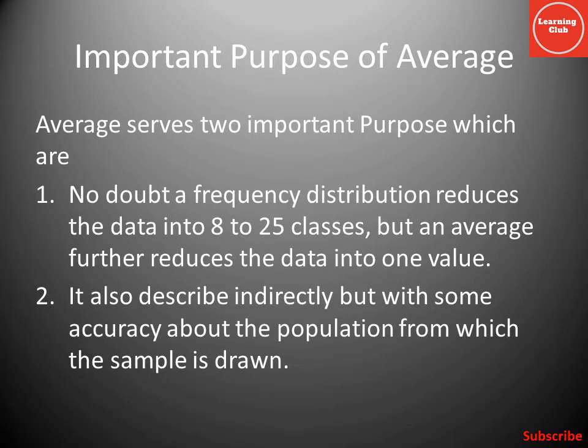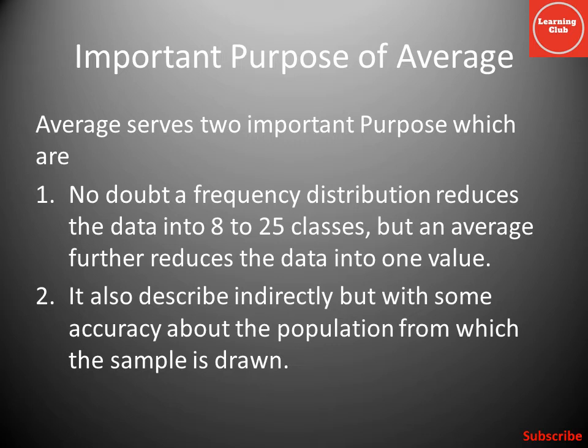As we have seen in our graphical representation video, there is data in which we have a frequency distribution, but when we calculate the average from that data, it comes out to be only one value, one figure which describes the whole data.